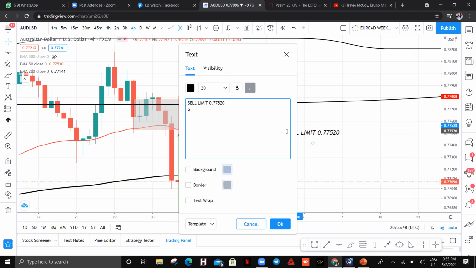Stop loss 0.77800. That's about 32 pips.